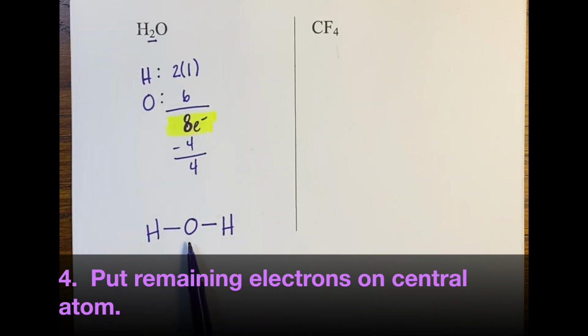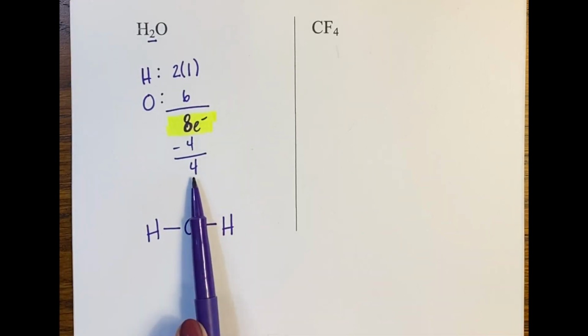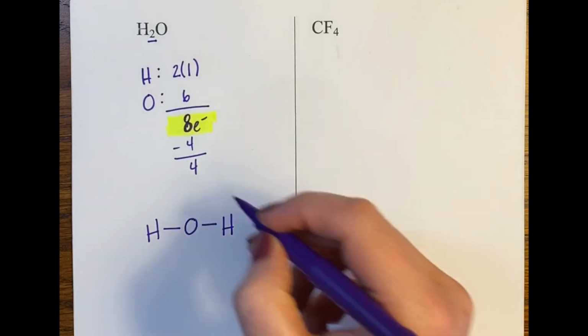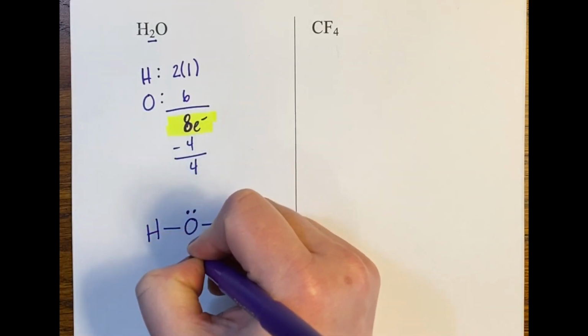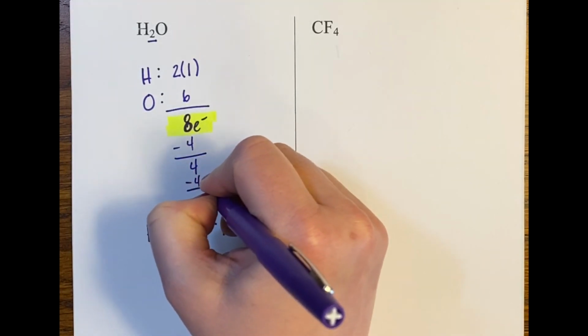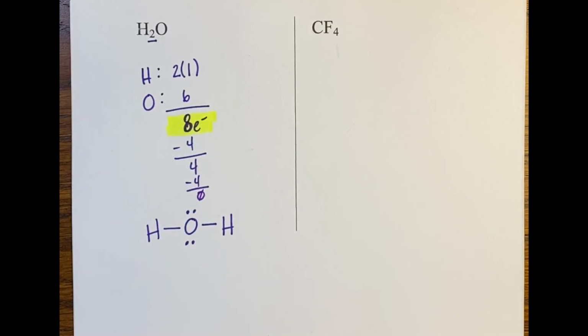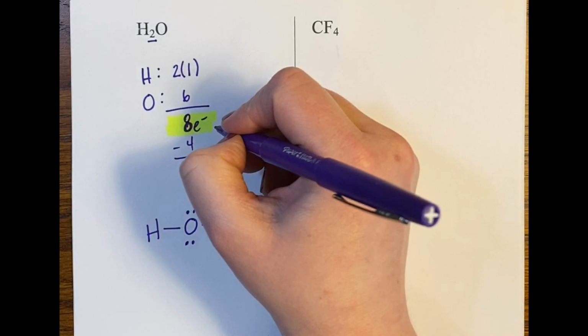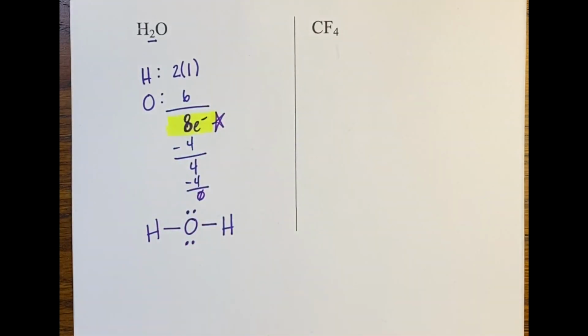My inner atom is the oxygen, and right now I have 4 remaining electrons. So that means I'm going to put those 4 electrons on the oxygen in the form of 2 lone pairs. I just put those electrons into the structure, and so as I subtract them, I have 0 electrons left, so I know that I have incorporated all 8 electrons into this structure.